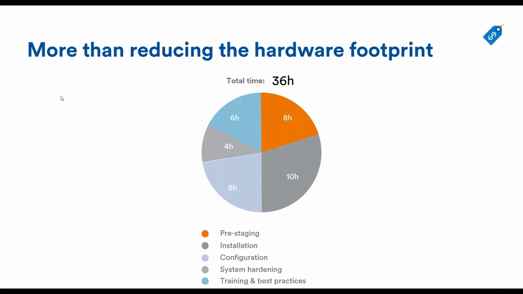It's not an added value task, but end user training is added value. So the pre-staging will take up to 8 hours. The installation would take 10 hours, the configuration another 8 hours, the system hardening 4 hours, and then the training.